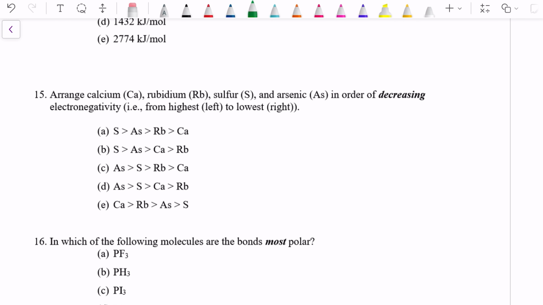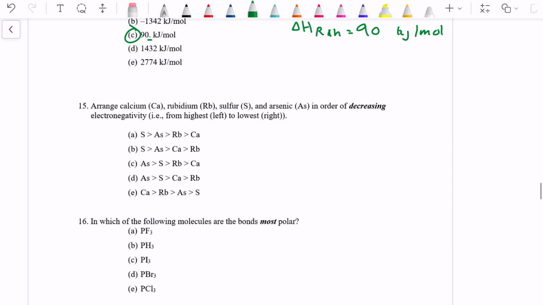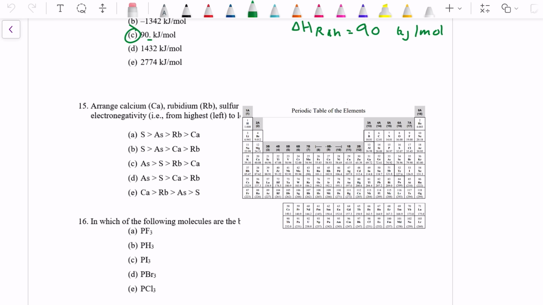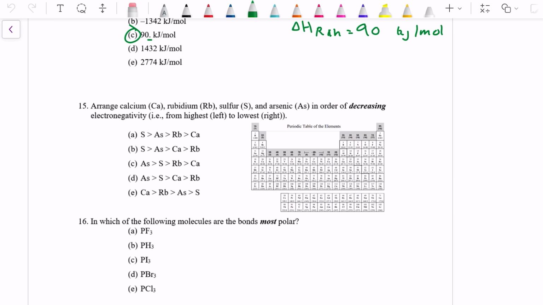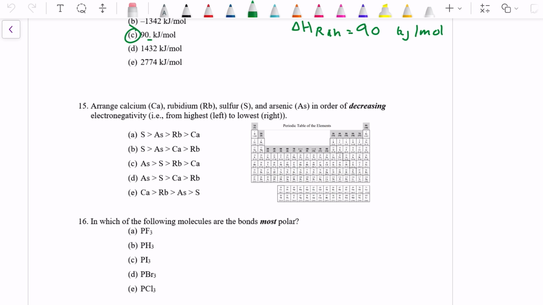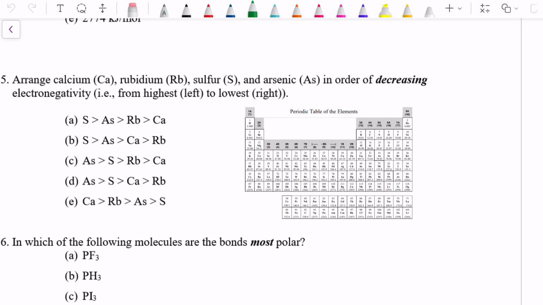Arrange calcium, rubidium, sulfur, and arsenic in order of decreasing electronegativity. And I don't have a periodic table. Give me like 3 seconds if I can pull one up real quick. I'm going to steal one from 2 problems ago. Wow, that synced so quickly. All right, let's find these all in the periodic table. Sulfur, arsenic.